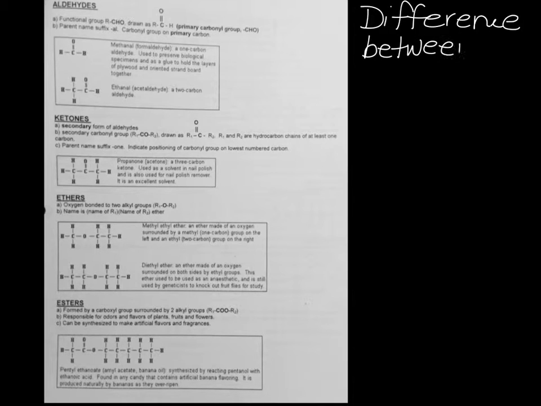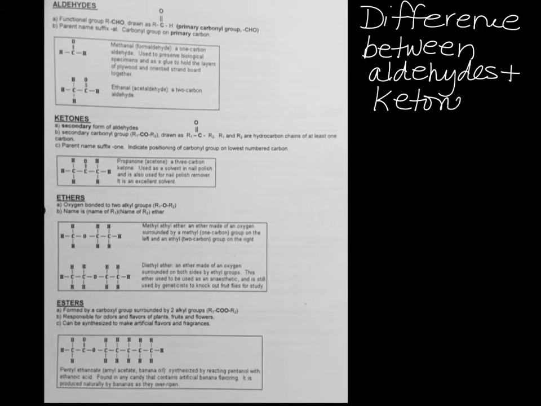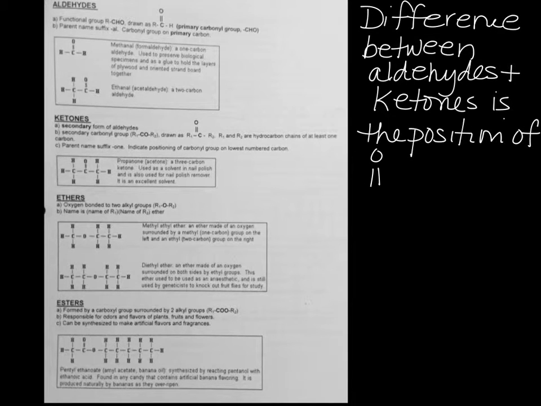Next, we're moving on to aldehydes and ketones. And I'm going to start by telling you the only difference, okay? So the difference between aldehydes and ketones is the position of the double bonded oxygen.